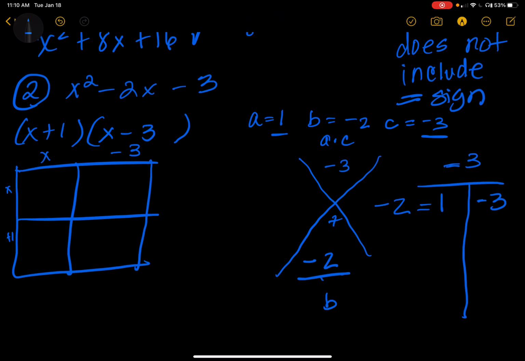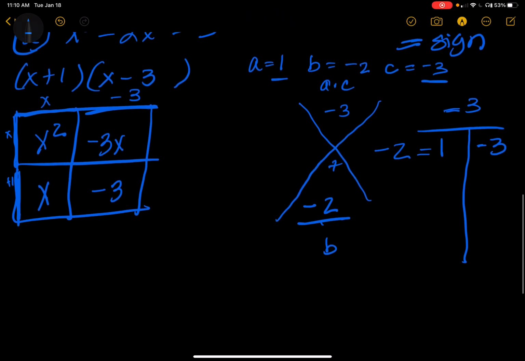So now we're going to apply our area model. We've got x times x, which is x squared. We've got x times a positive 1, which is x. We've got x times a negative 3, which is negative 3x. And then we have a positive 1 times a negative 3, which is negative 3.